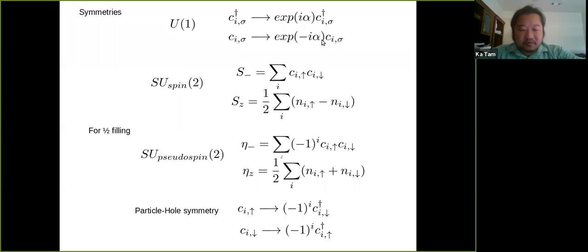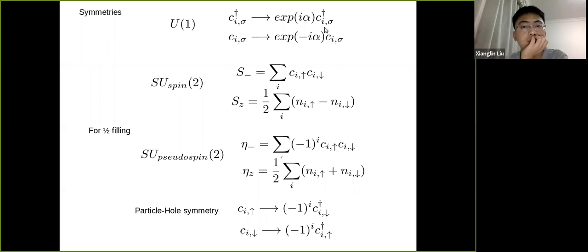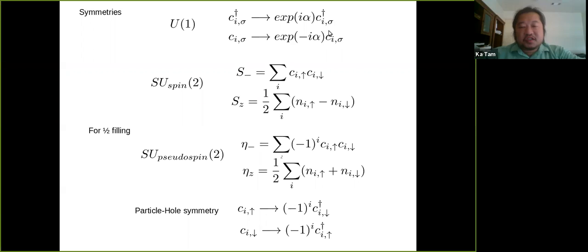This is what I mean by invariance. This is the first invariance, a gauge invariance or charge conservation invariance.